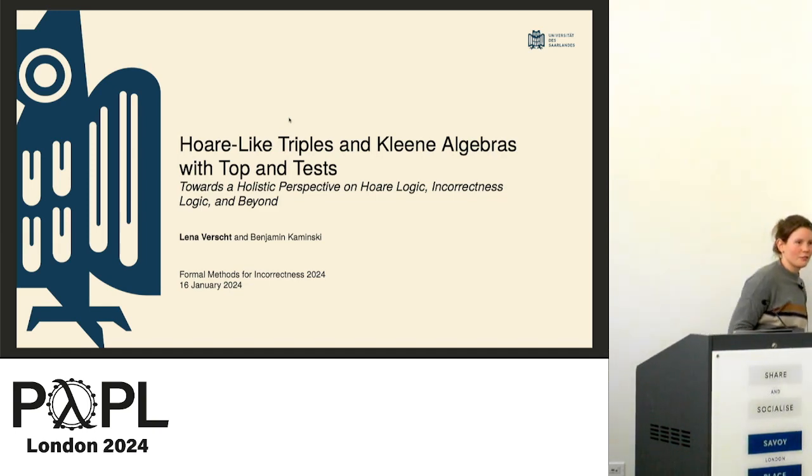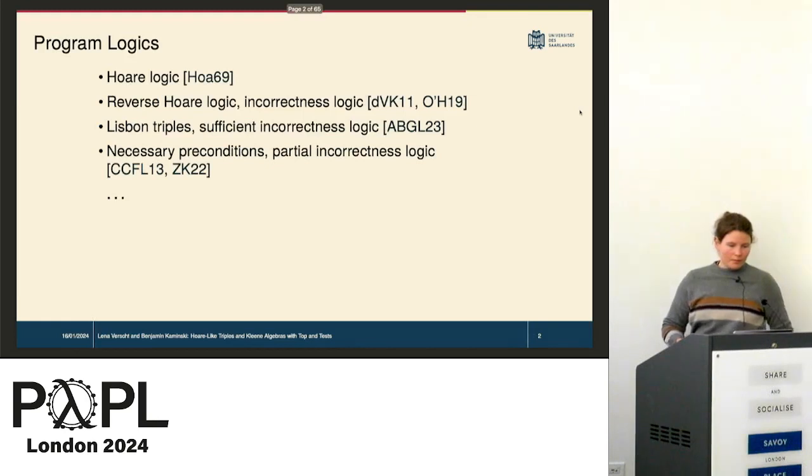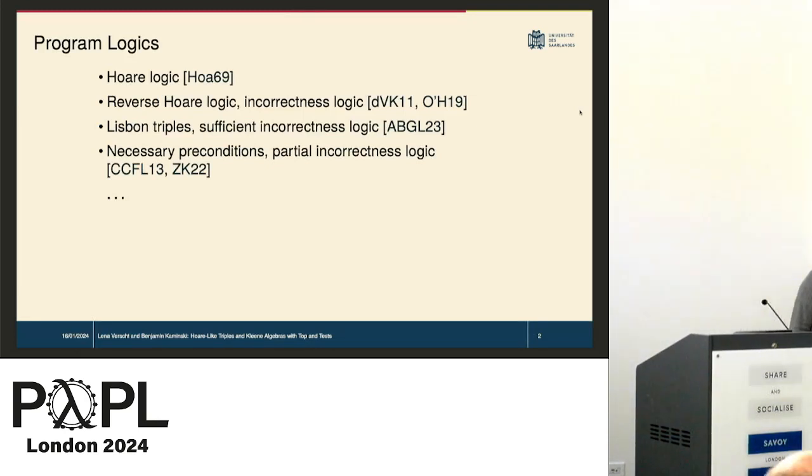I'll present some stuff that Benjamin Kaminski and I have been working on. So we have already talked about several program logics today. Hoare logic, incorrectness logic, of course, but there are many, many more, such as sufficient incorrectness logic in the talk of this morning.